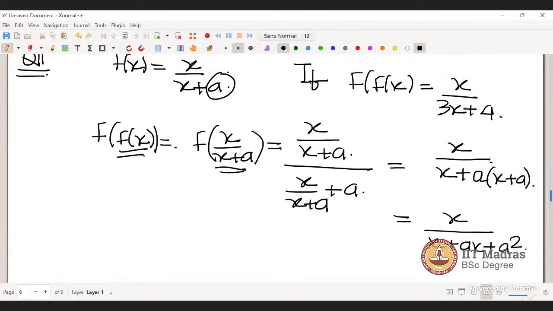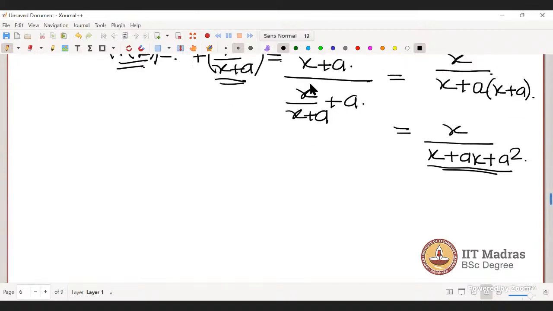So then you just need to equate this with this one. It's saying this equals x by 3x plus 4, right?